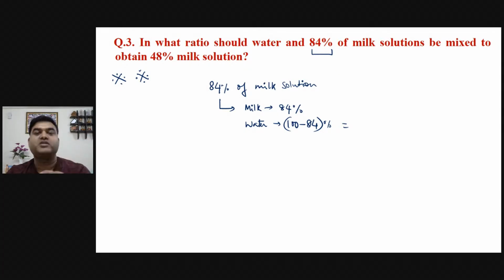So what they are trying to say, 84% of milk solution means 84% of milk will be there, and in the remaining solution, 100 minus 84%, that is 16%, will be water.